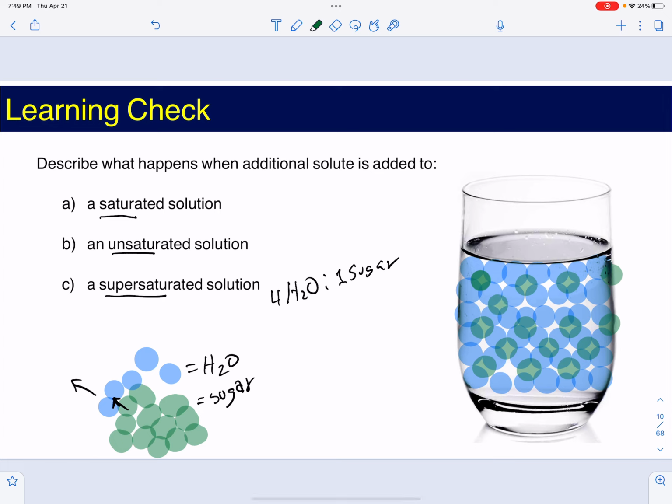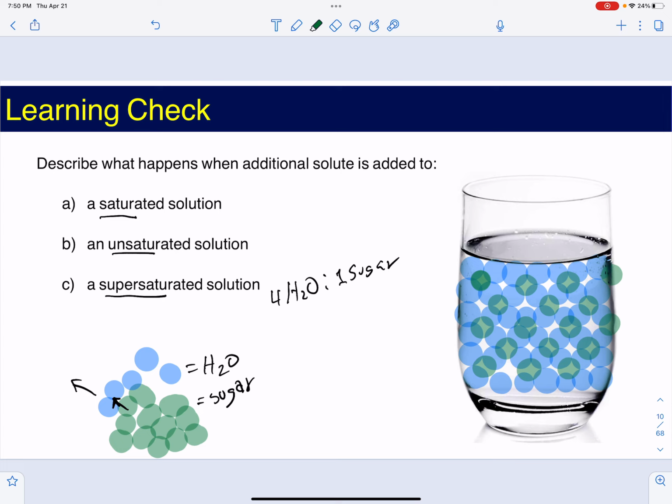And what I'm trying to show is that at this point, every single molecule of water is busy surrounding or encaging that molecule of sugar.